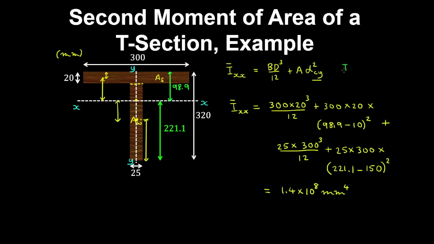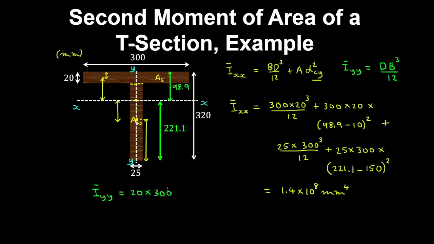Now to calculate the second moment of area about the y-axis of the centroid, well, that's simply equal to the depth by the width cubed of each section on 12. So what we have is Iyy bar is equal to the width, which is the parallel dimension, multiplied by the perpendicular dimension to the y-axis cubed.